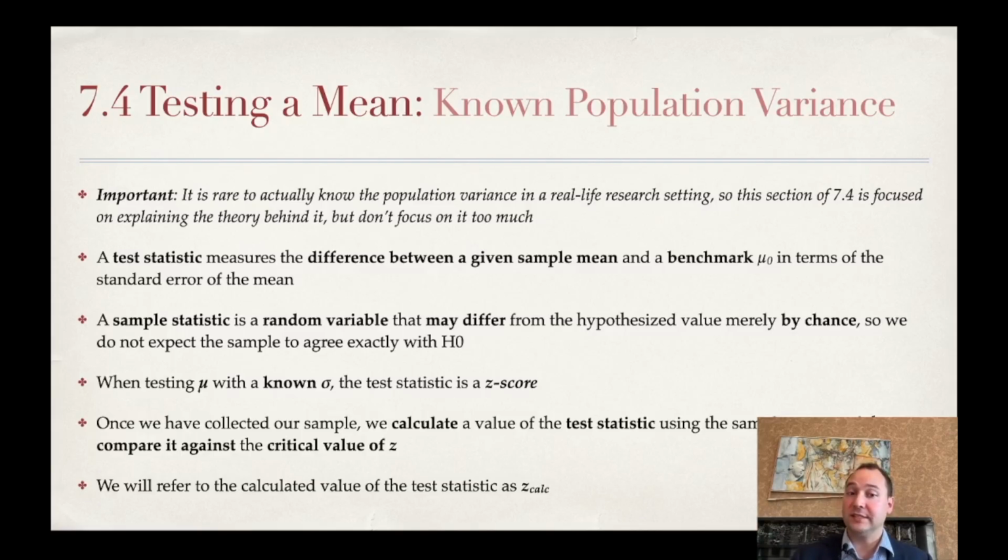Once we have collected our sample, we calculate a value of the test statistic using the sample mean and then compare it against the critical value of z. What is the critical value? If our sample statistic is more extreme than the critical value, then we reject the null hypothesis. We will refer to the calculated value of the test statistic as z-calc, the calculated z-value.